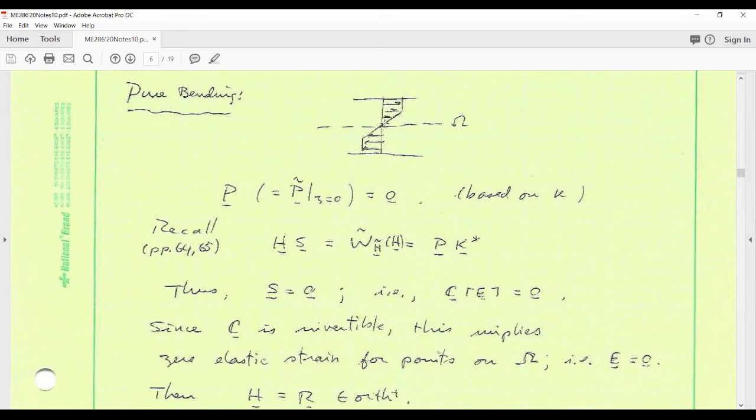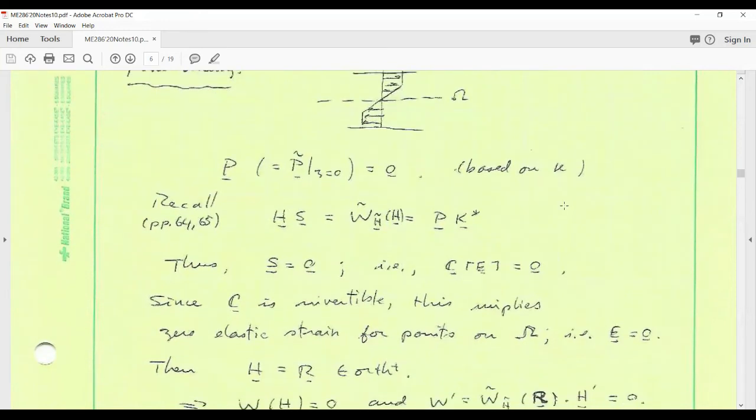So the pure bending entails the notion that the stress is 0 then on the midplane. So in particular, our Piola stress evaluated at the midplane would be 0. The Piola stress is based on the reference configuration, right? Kappa, I'm calling it kappa. Whereas this object here, dW dH, is the Piola stress based on the so-called intermediate configuration.